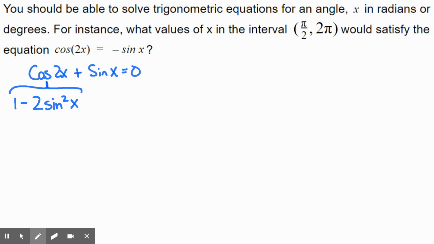Take note, that equivalent is on your reference sheet. So nobody has to have memorized anything horrible or difficult.